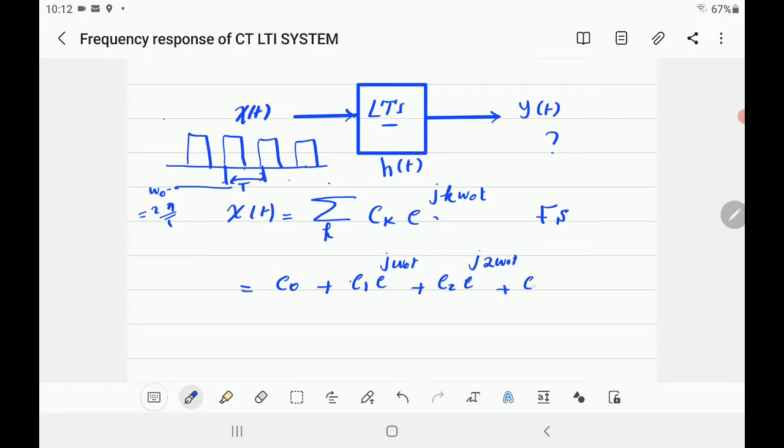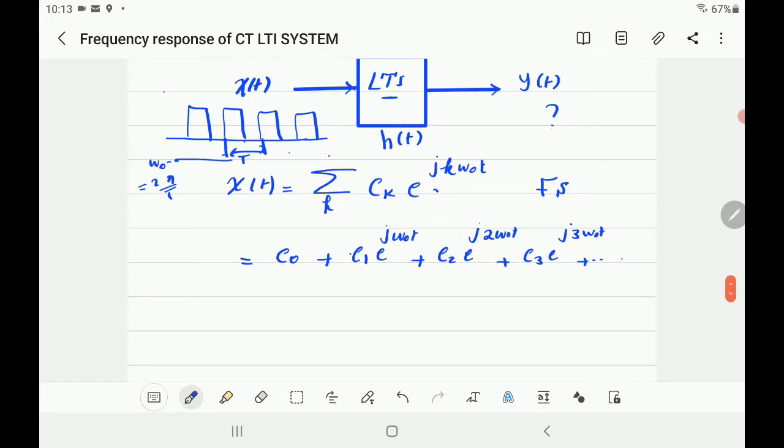Let's take another one, C3 e to the power of j 3 omega naught t, and then you can continue. So now the input is expressed as a series of components, each with a specific frequency that is a multiple of the fundamental frequency omega naught. You have omega naught, 2 omega naught, 3 omega naught, and so on, except the first term, the DC.